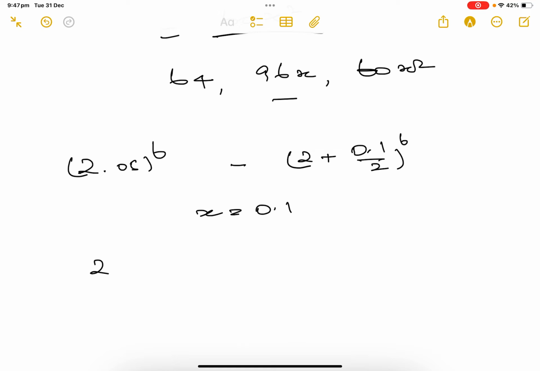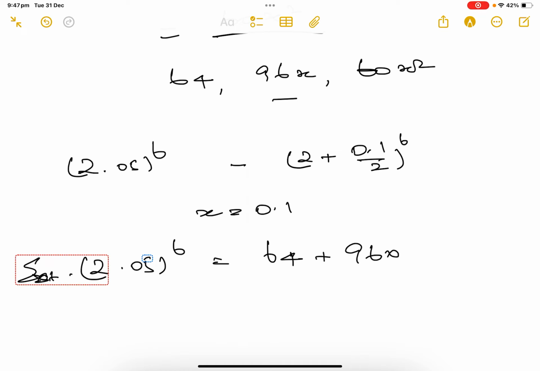So the estimated value of 2.05 to the power 6 equals 64 plus 96 times 0.1, since x is 0.1, plus 60 times 0.1 to the power of 2.